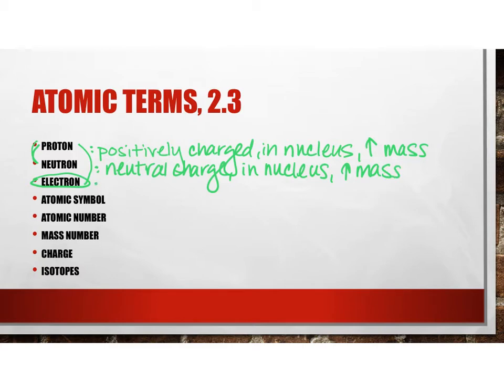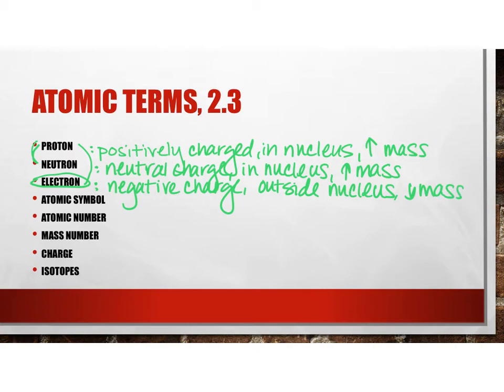An electron, which is outside, is a negatively charged particle outside the nucleus and has a very low mass.